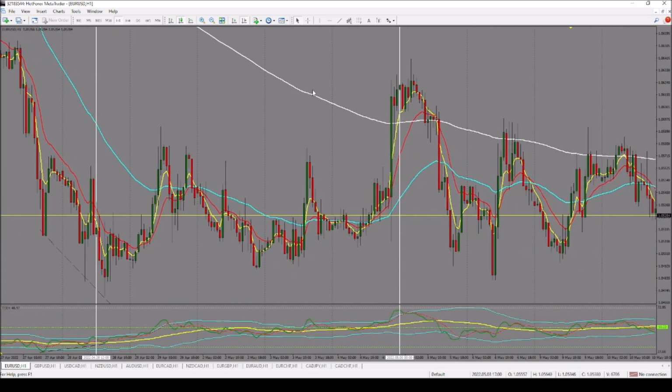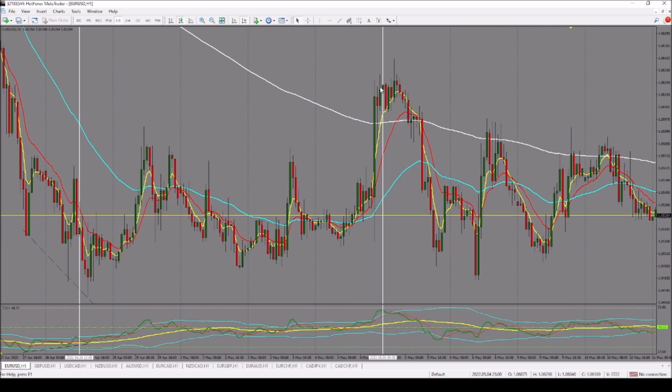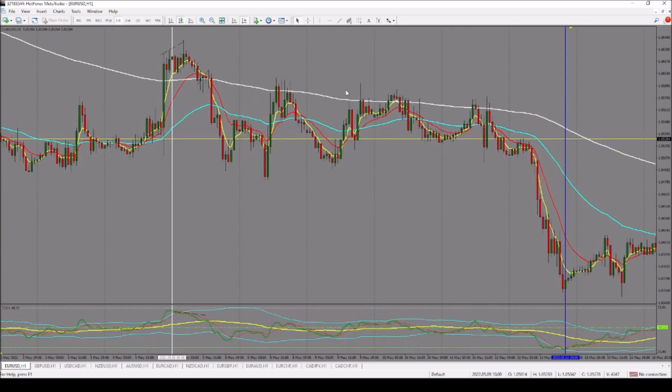Then here, what can we see? In this case, it's actually a sloppy rise. We can see the high of that candle up to this point, right? Then we can see that here we had a slope. Candlestick closure below the 13 could actually give us an entry at this point, right?